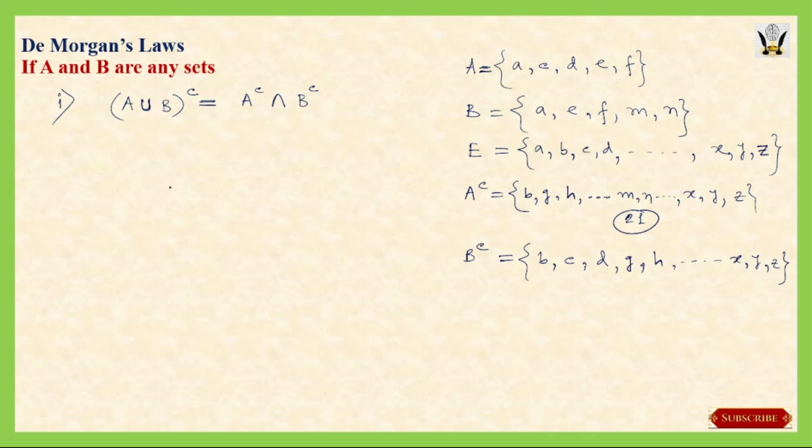So between A and B, if we perform union operation first, then what are the elements?